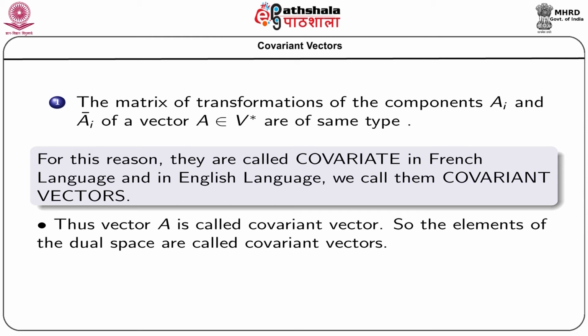In the last section, we have seen the transformation rules for covariant and contravariant vectors. In these expressions, we have seen that A^i_j, E^i_k are the transformation matrices which have some type of expression.